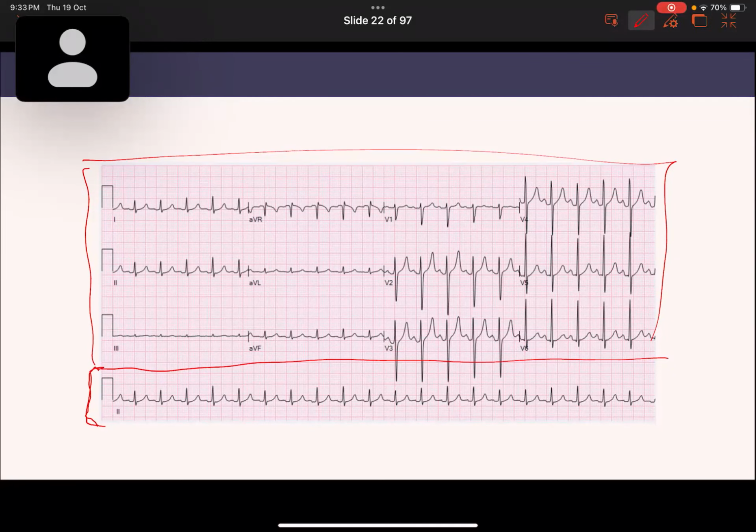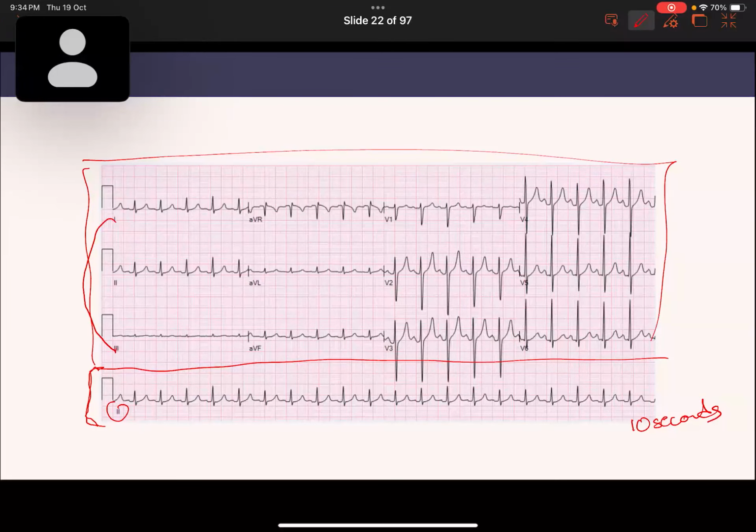Why? Because we said that lead 2 combines lead 1 and lead 3, and it gives us a very clear picture of all the waves that we just talked about, the P, Q, R, S, and T. And the second reason is because it measures the waves for a duration of 10 seconds.